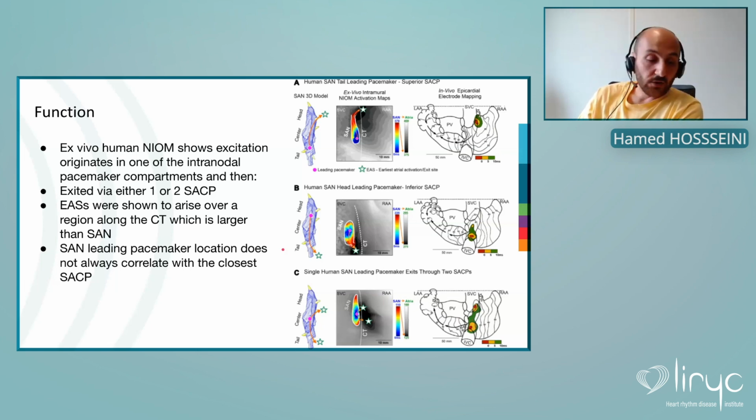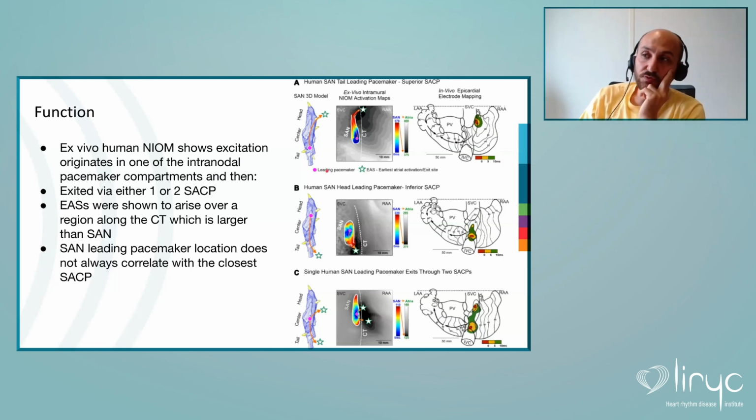And one of the main things this paper tells is that the location of the pacemaker site and the choice of the conduction pathway are not correlated with each other.